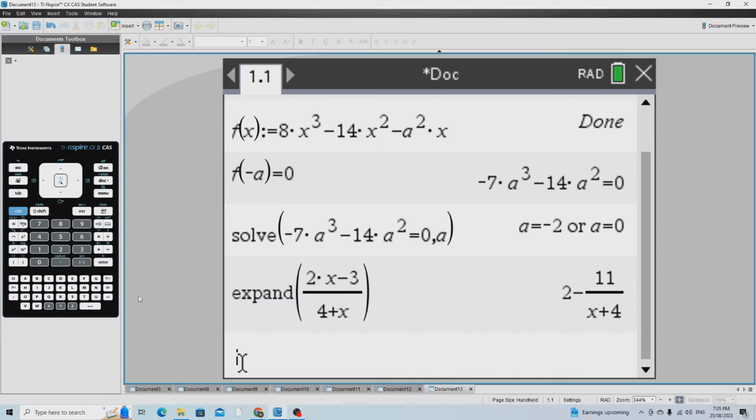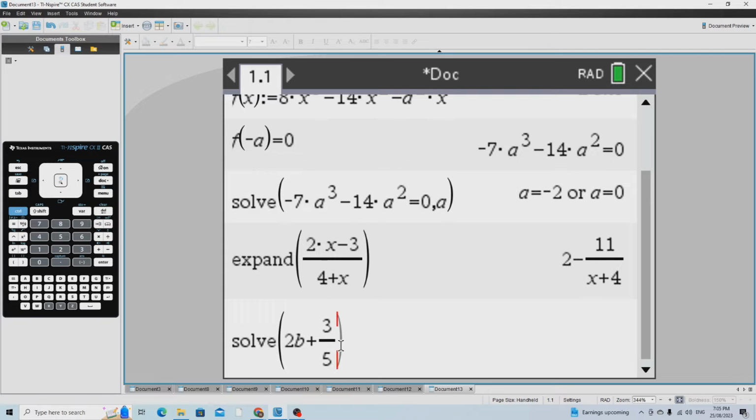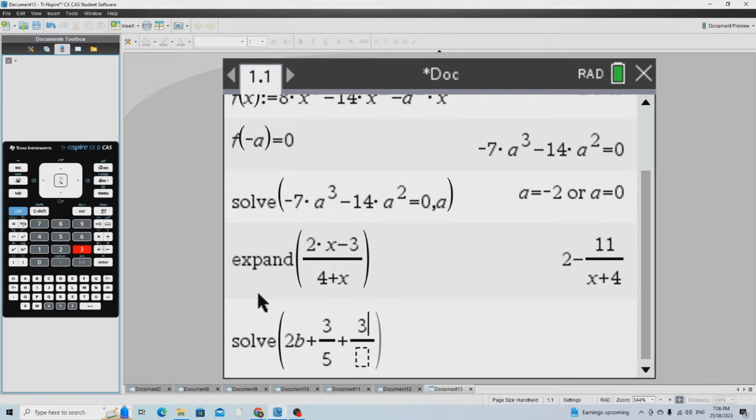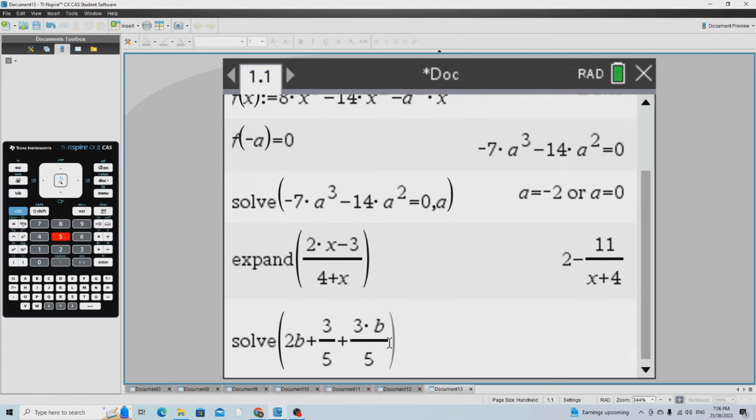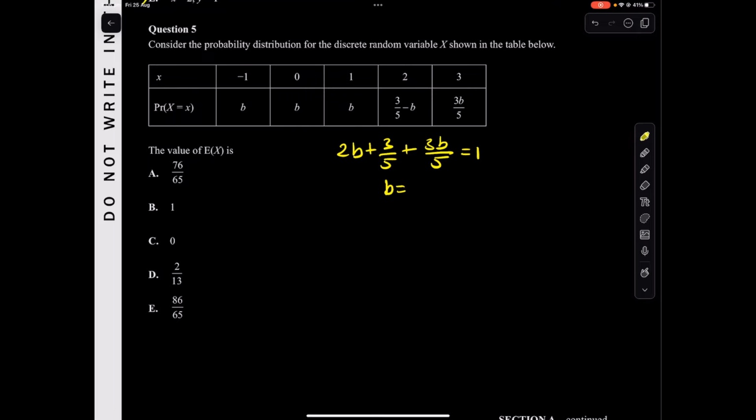So go on your calculator and say solve 2b plus 3 over 5 plus 3 times b over 5 equals 1, comma b. So b is 2 over 13.